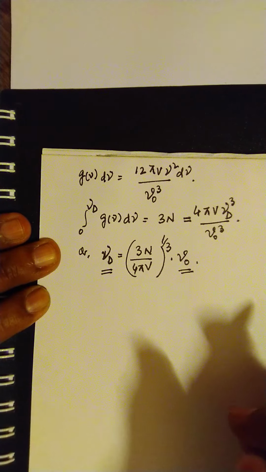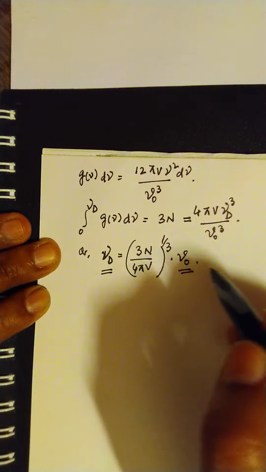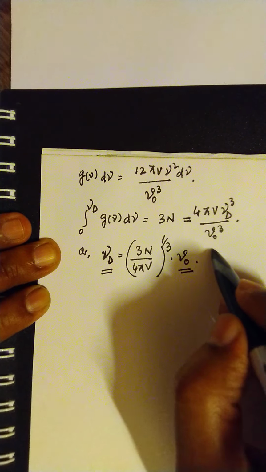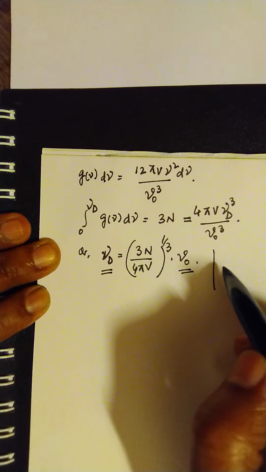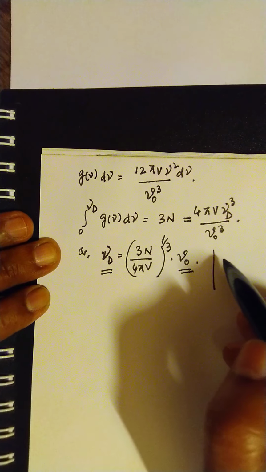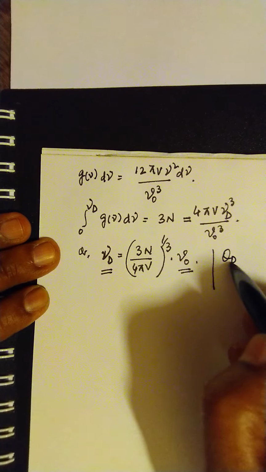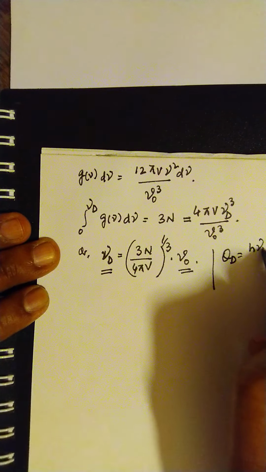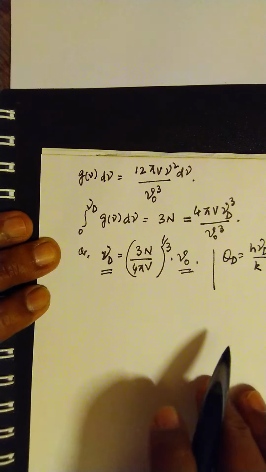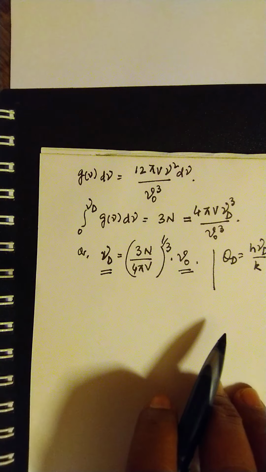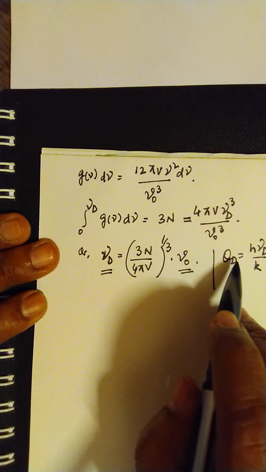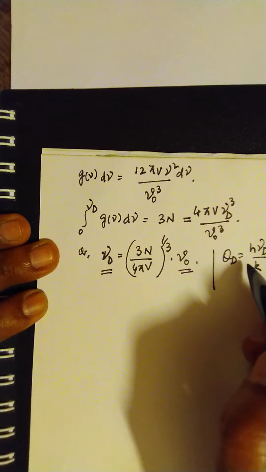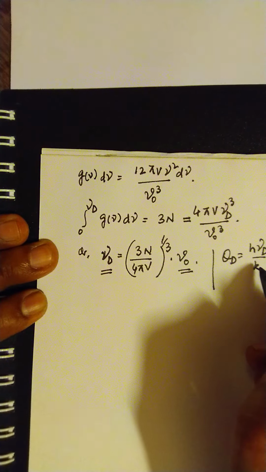And one can show that for such data being available, theta_D can be defined. So theta_D is nothing but h nu_D by k. Remember theta_E, the Einstein temperature; in this case it is the Debye temperature, which also has the dimension of temperature, that is Kelvin, and k is the Boltzmann constant.